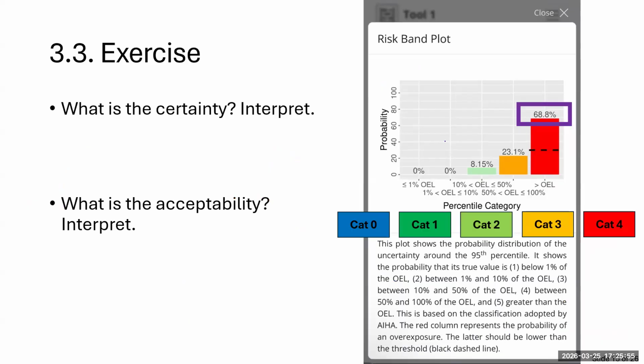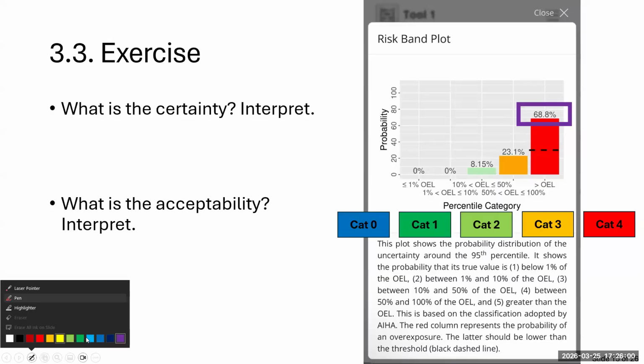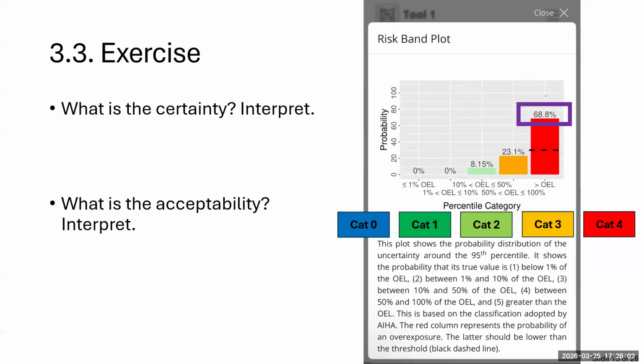So like I mentioned, I'm not as concerned about the certainty. We can see the certainty there. It's at 68.8%. I would have just said 68.8% for certainty. But then I'd like you to tell me, what is the acceptability? So we were just looking at that.